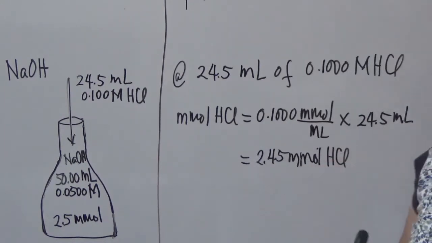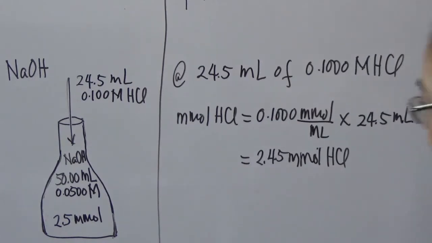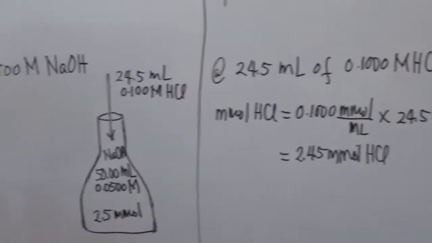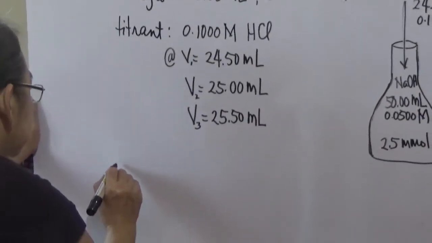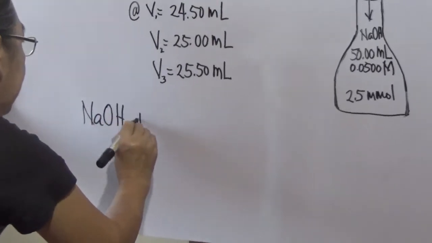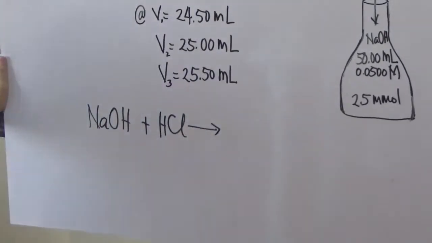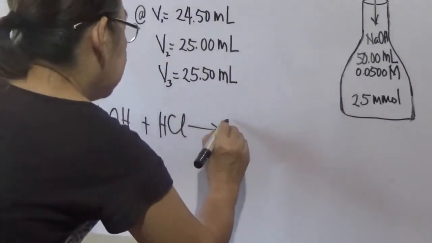So again, we are going to use stoichiometry. I will just write the reaction here, between sodium hydroxide and hydrochloric acid, so that we can get the relationship between hydrochloric acid and sodium hydroxide.